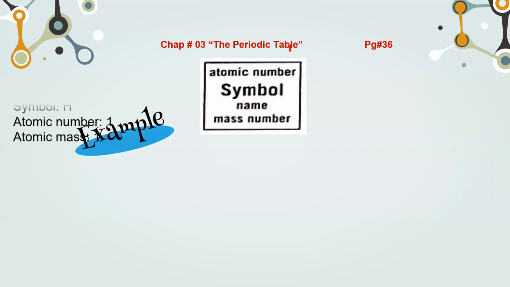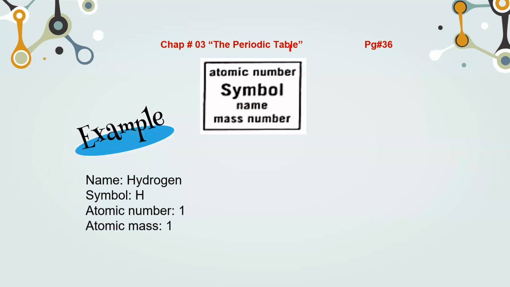For example, let's consider a hydrogen atom. The name of the element is hydrogen, the symbol is H, the atomic number is 1, and the mass number is 1. It will show like this: 1 is the atomic number, H is the symbol, hydrogen is the name, and the last one is the mass number.